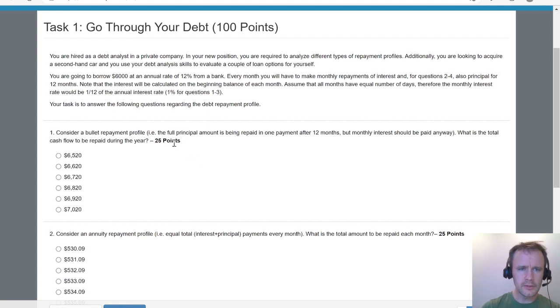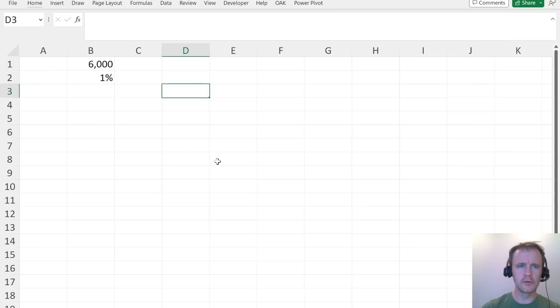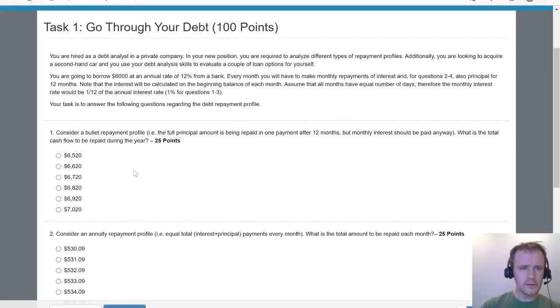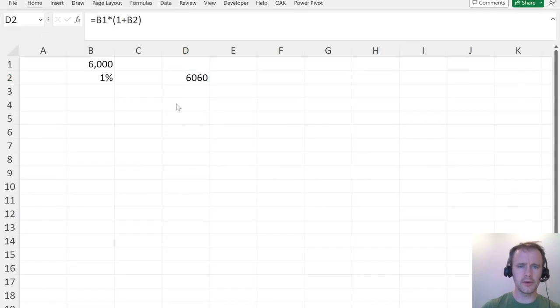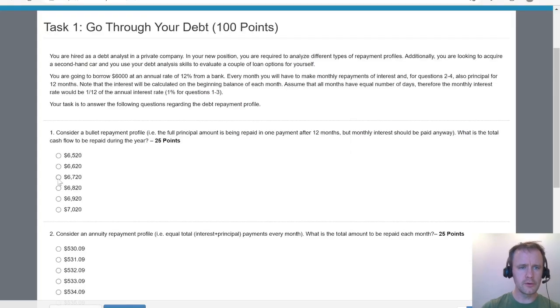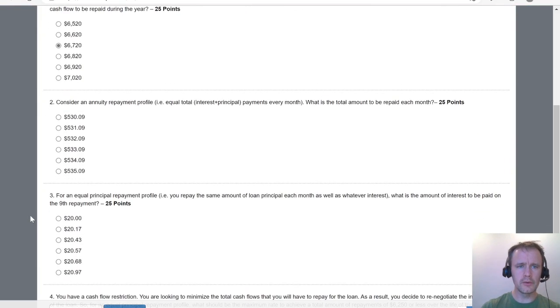And what is the question? A bullet repayment. Okay, so it's just going to be that times 1 plus that. 1,060. Nope. Try again. Oh, sorry, 12% rate. Okay, 1% per month. Fine, that makes a little more sense. So 6720. Good.